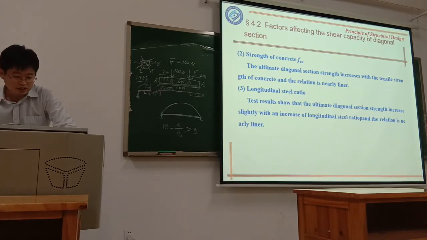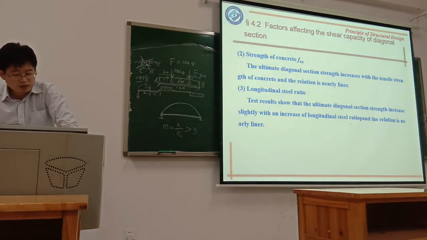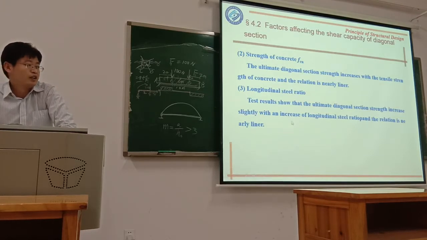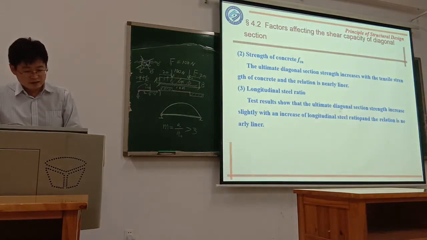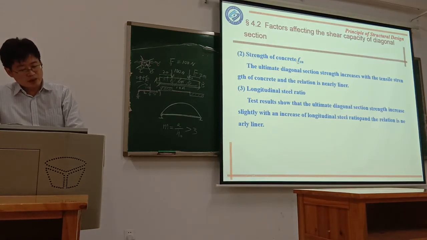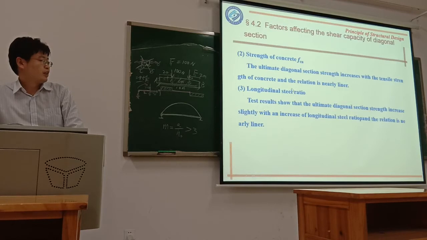So the tested results show that the ultimate diagonal section strength increases slightly with the increase of the longitudinal steel ratio, and the relation is nearly linear. It also increases with this reinforcement ratio.